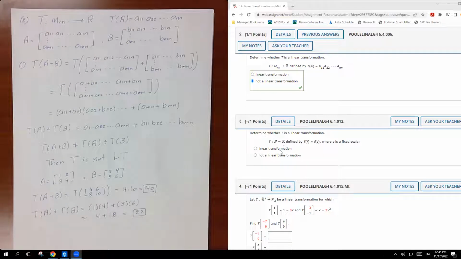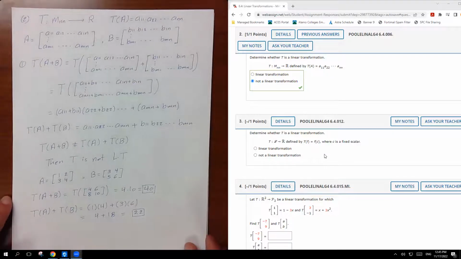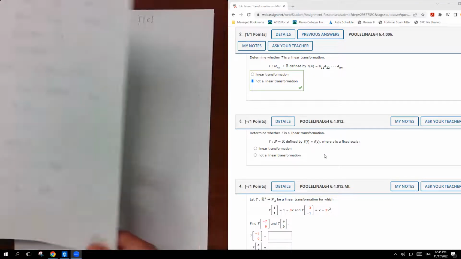Determine whether T is a linear transformation. T is from all functions to the R, denoted by T of F equals F of C, where C is a fixed scalar. So let's check. We're going to do the same thing. We're going to satisfy the two conditions.